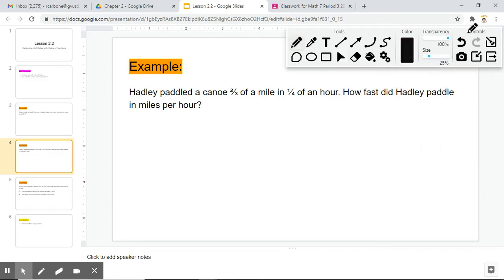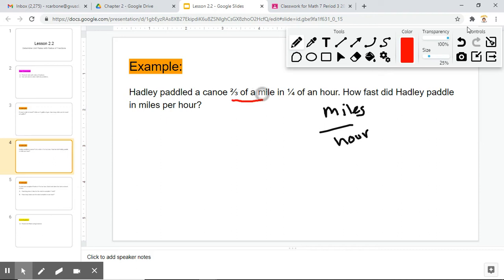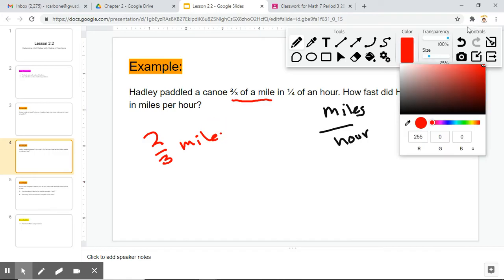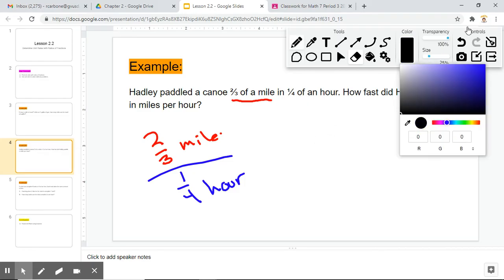All right, so here our units are going to be miles over hour. So let's set up our ratio as such. We're going to start off with 2/3 of a mile. We'll put that in our numerator. And in our denominator, we have hours. So this is going to be in a quarter of an hour. All right, again, let's rewrite this so that way we can use our KFC method here.